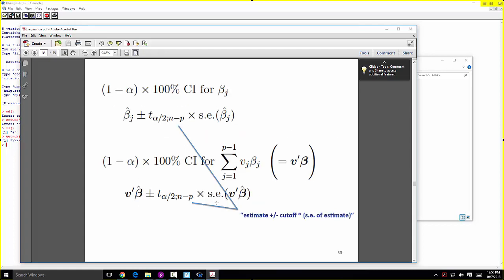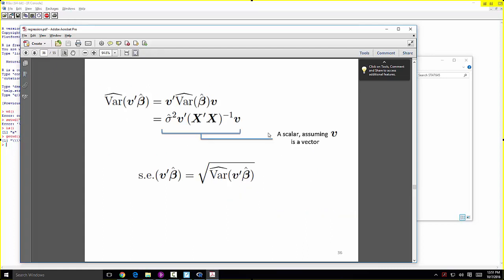If we do that linear combination thing, V transpose beta hat, then the estimate is easy to get. If you want a confidence interval for, say, beta 1 minus beta 4, then your estimate, V transpose beta hat, would be beta 1 hat minus beta 4 hat, the estimate. And then we need this standard deviation. What's the standard deviation of beta 1 hat minus beta 4 hat?